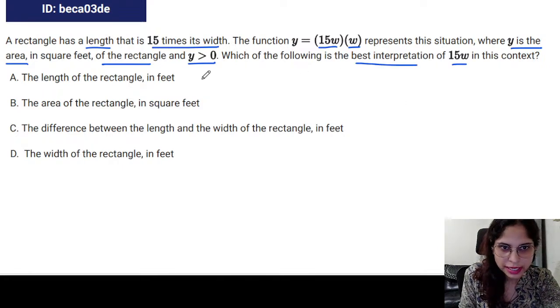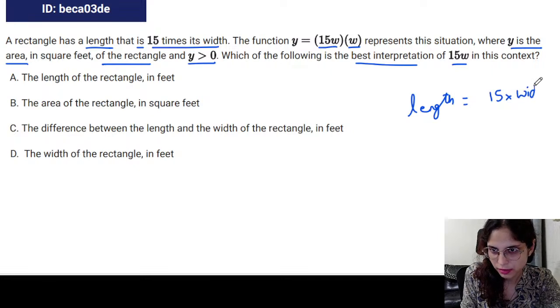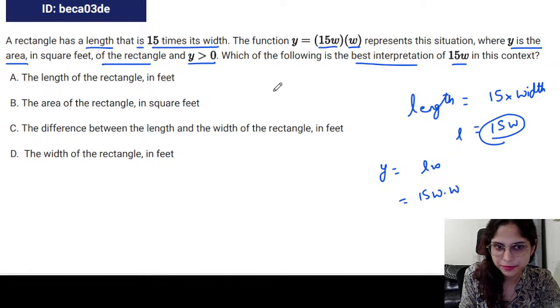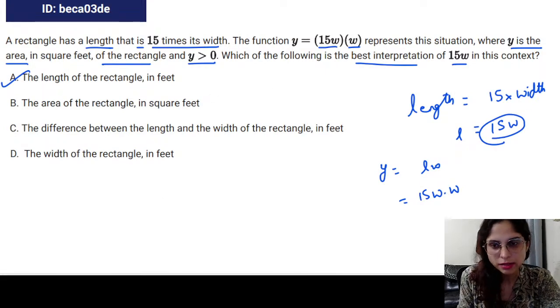From here, length is 15 times its width, so length is equal to 15 times width. Now if we take width as w, my L is going to be 15w and my area is going to be L times width, that is 15w times w. So 15w represents the length. So length of the rectangle, that is the correct answer.